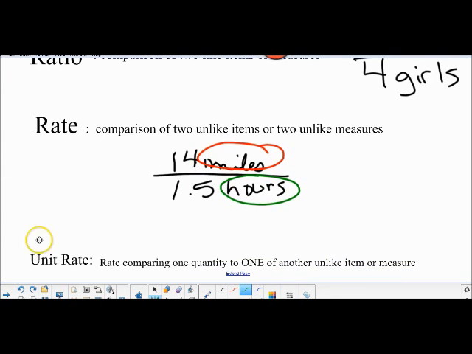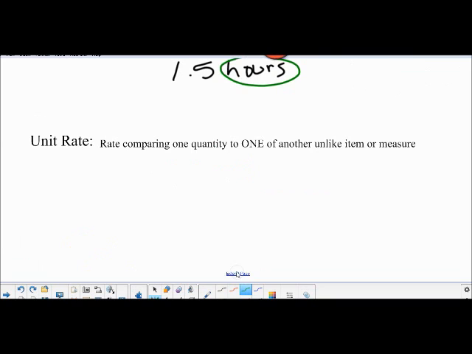And a lot of times we will see rates expressed as a unit rate, and that is a rate comparing a quantity to one item of another measure or quantity.